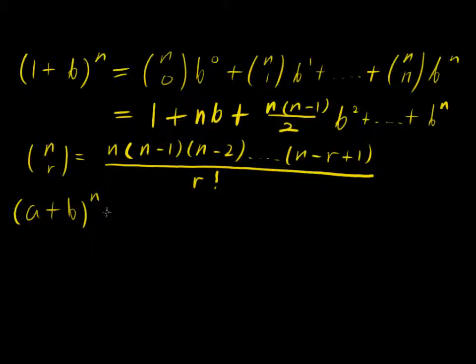In this case, we can make use of what we already know by factoring out a to the power of n, and what is left inside the bracket is 1 plus b over a, to the power of n, sorry, (1 + b/a)^n.